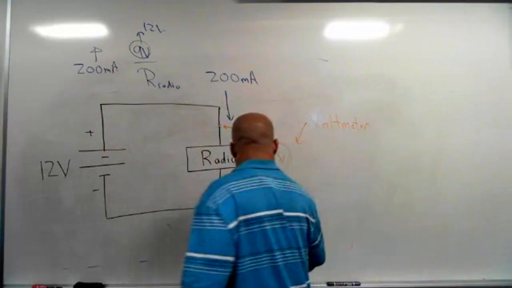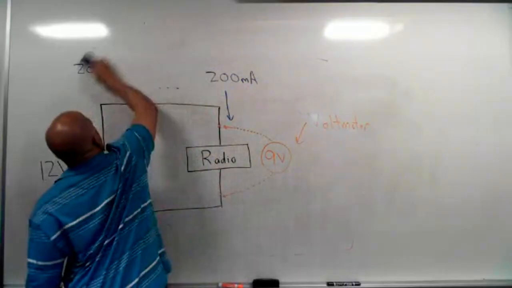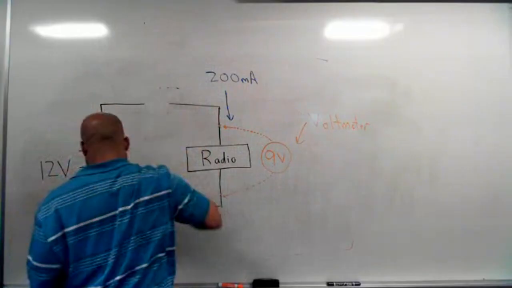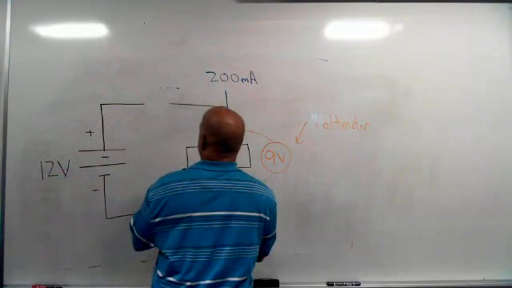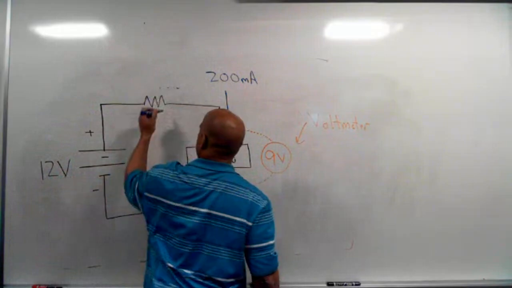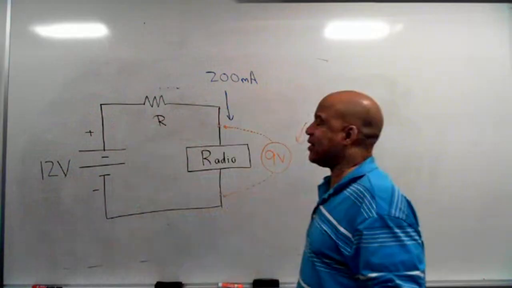And the way you do that is by placing a resistor in series with the radio. So I got this resistor in series. Now, does it matter where the resistor is? No, it doesn't.